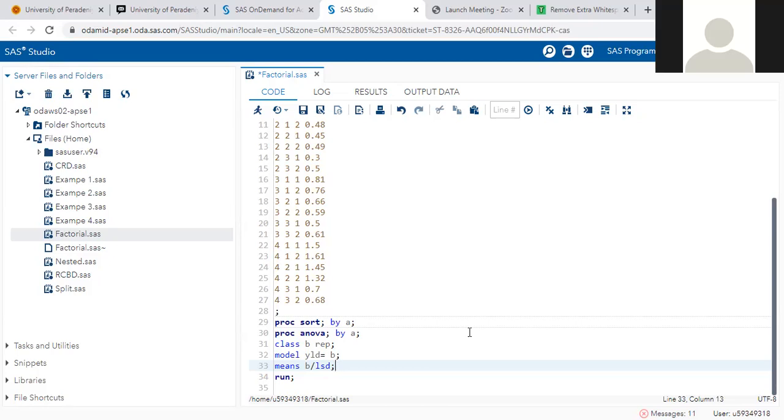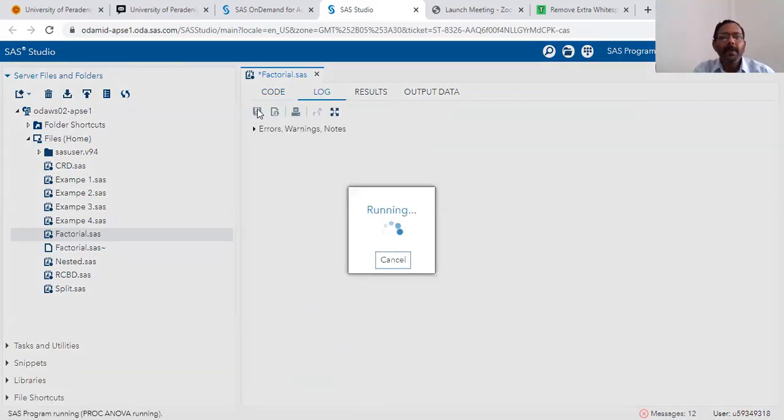Have you all done this? Yes, sir. Right, because I want to run the program. I'm waiting for that. So I'm going to run the program and see the output.